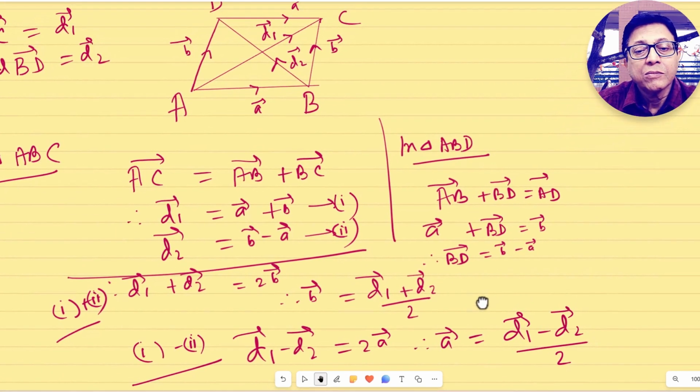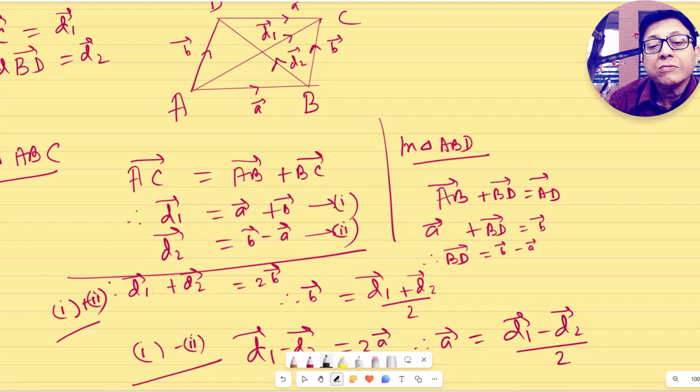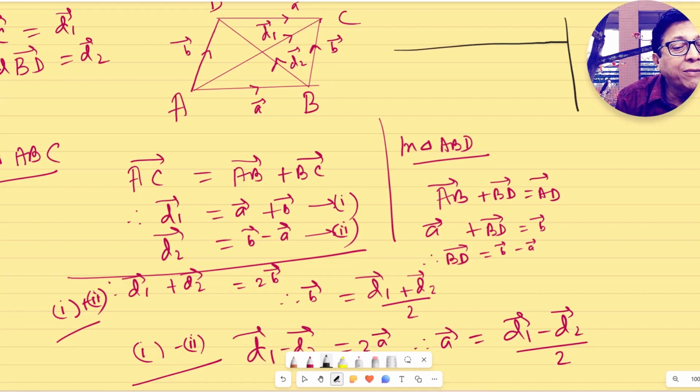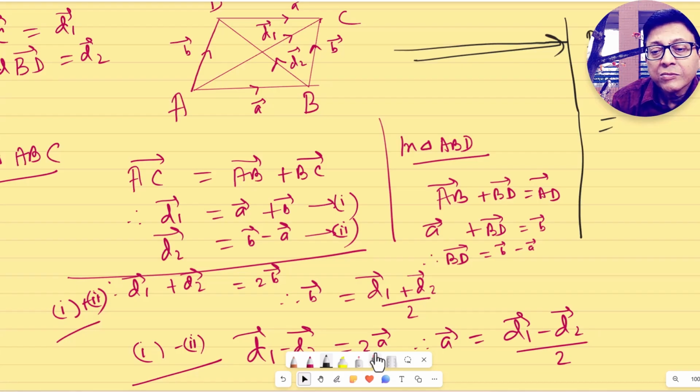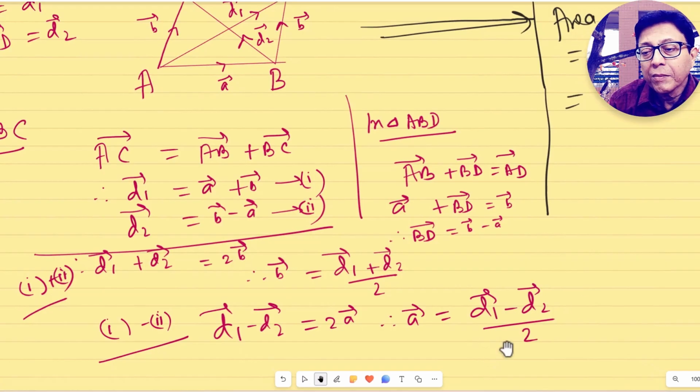Clear? So how do you find A vector? You just subtract. We have added 1 plus 2, we got the vector B. Now 1 minus 2, if you do this, D1 minus D2 equal to 2A. So A vector going to be D1 minus D2 by 2.